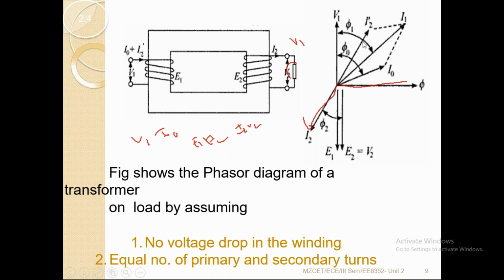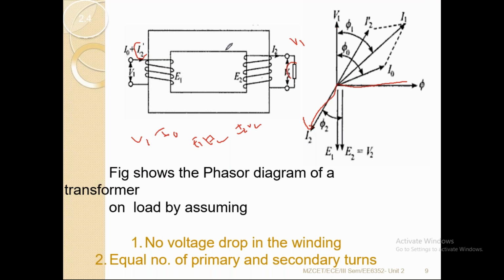When current flows through the secondary circuit, it means the load needs more current than what was required previously. That current is more than the no load current. That's why I am adding the current here. I require that additional current to supply the load, I naught plus I2 dash.